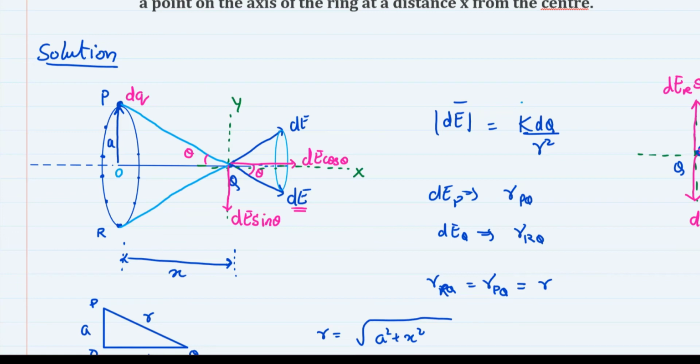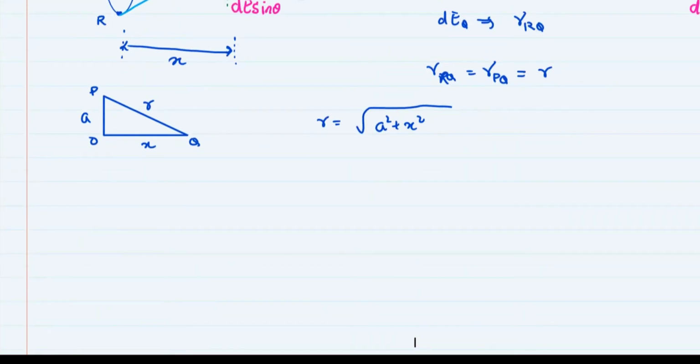Now, with these facts, let us continue. Since r is equal, the magnitude of dE_P will be equal to dE_Q. So I am considering this to be some dE, just some dE.